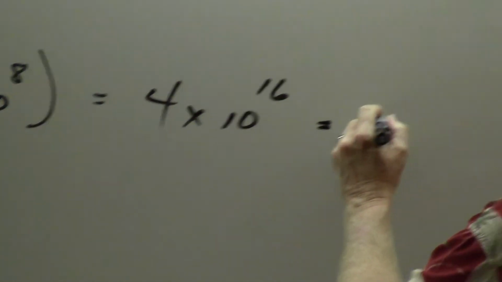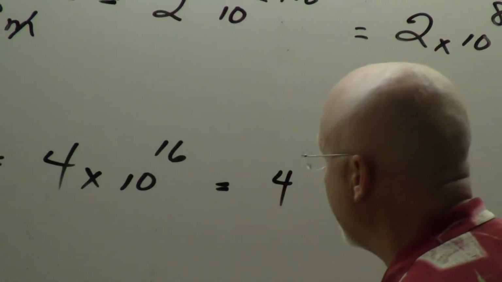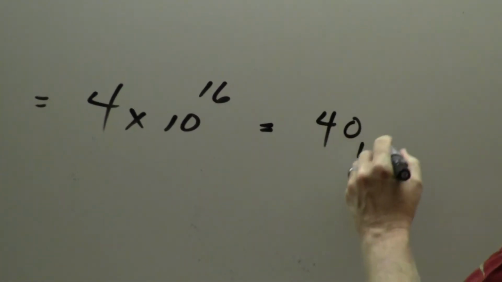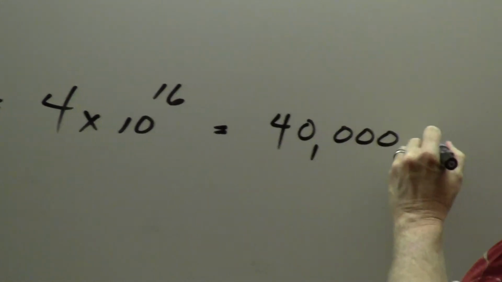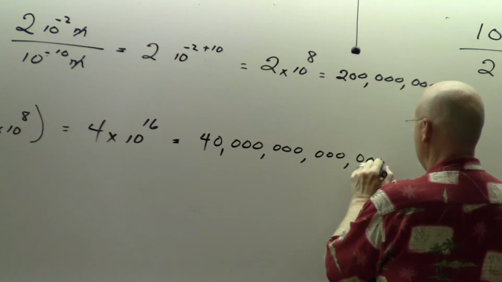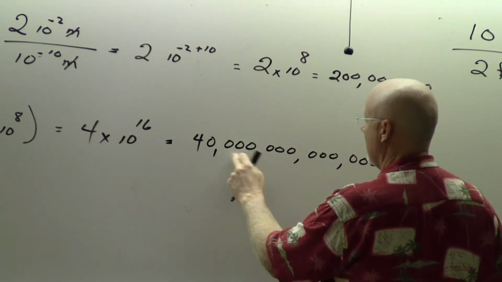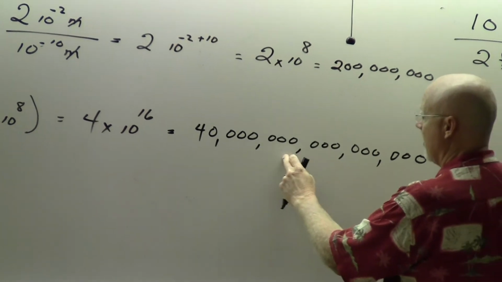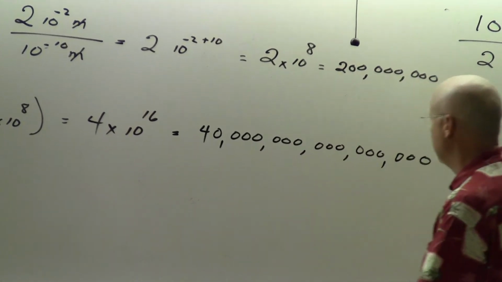And so what would that look like? I guess I'd have a 4. And then I'm supposed to have 16 zeros. So 1, 2, 3, 1, 2, 3, 1, 2, 3. And one more, is that right? 3, 6, 9, 12, oh, one more. 3, 6, 9, 12, 15, 16.